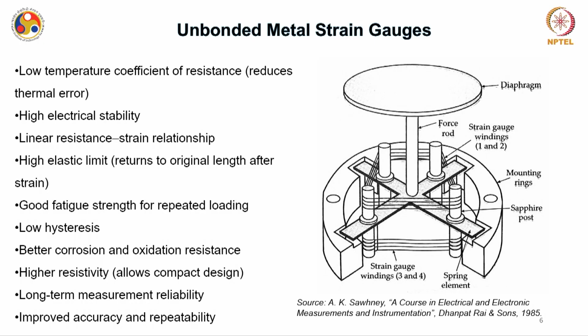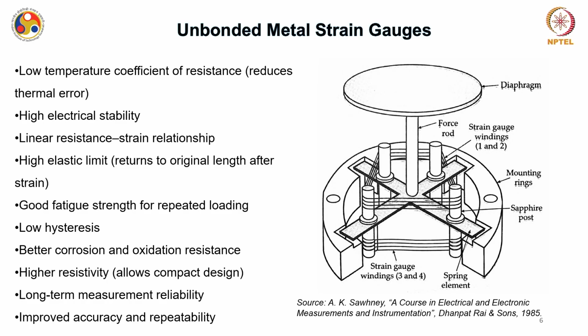They also have high elastic limits, meaning that they return to original length after the strain is removed. They have good fatigue strength for repeated loading, and mostly these transducers are repetitively loaded, which is why good fatigue strength is required.